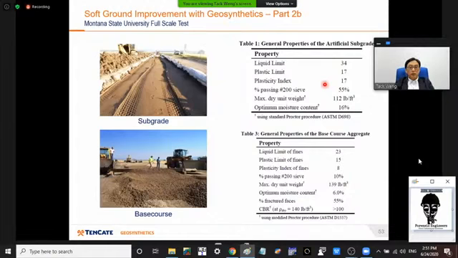Examples of a subgrade, in this case, you have fines that are more than 50%, and that's the base course material that meets the specifications of a few highway authorities in the States.